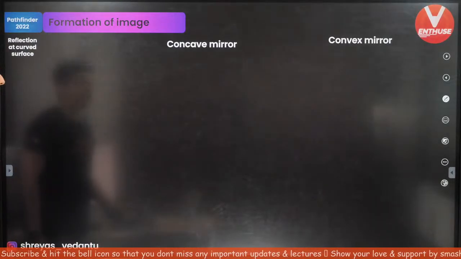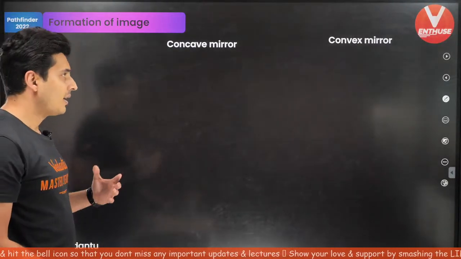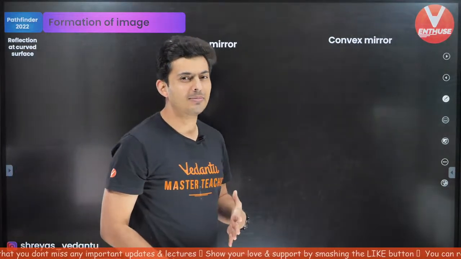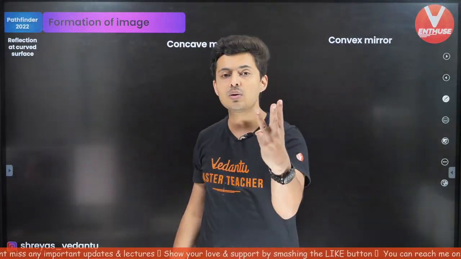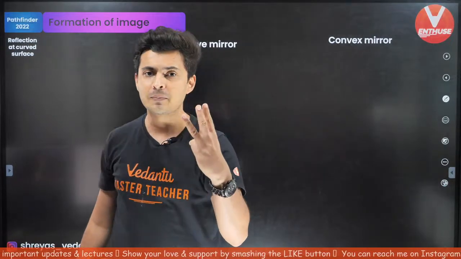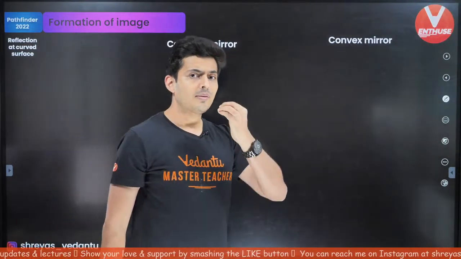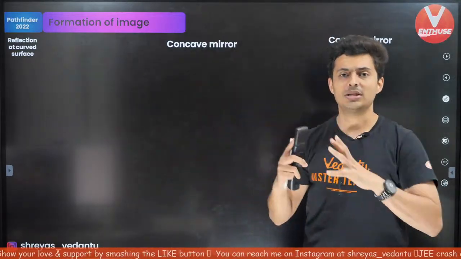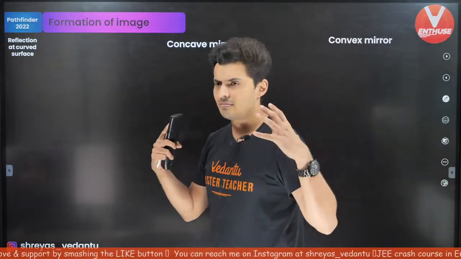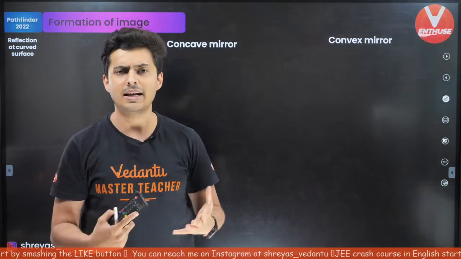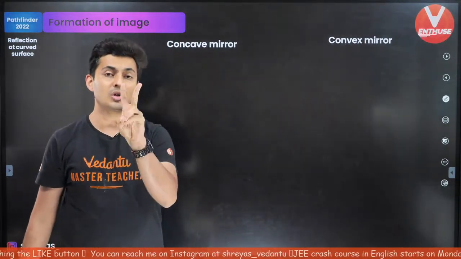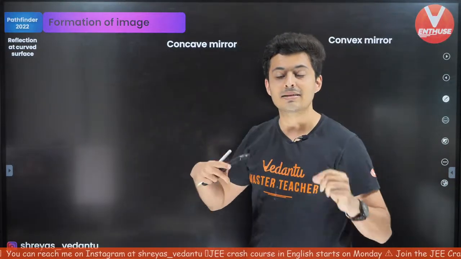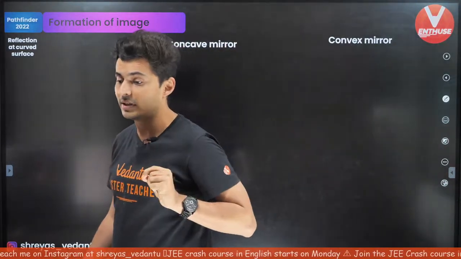All right. So next important thing, how do you find the image which is formed by concave and convex mirrors? There are just 3 rules for drawing the ray diagram. Remember, I had told you, whenever you want to find the image because of any object, for any surface, reflecting or refracting, you need at least 2 rays to locate the image. Only when those 2 rays intersect will you be able to locate the image.